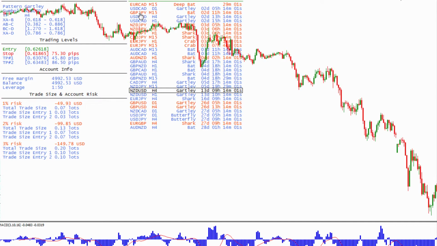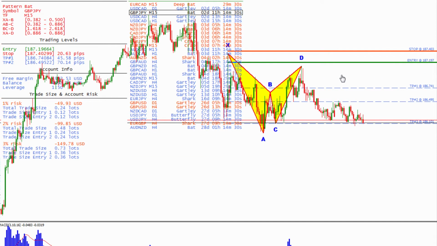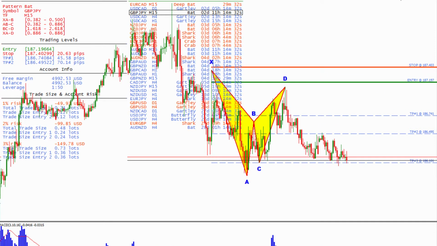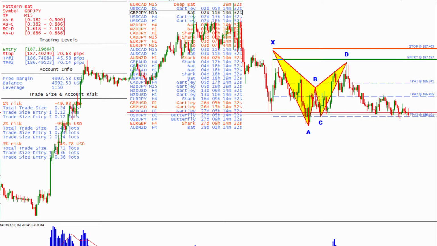All right, we'll look at the bat pattern. So the bat pattern, what we discussed before, I drew the chart out for you. We're not going to do another one, but I will do it on paper. X down to A. First retracement B is basically 38% to 50% of the swing down.